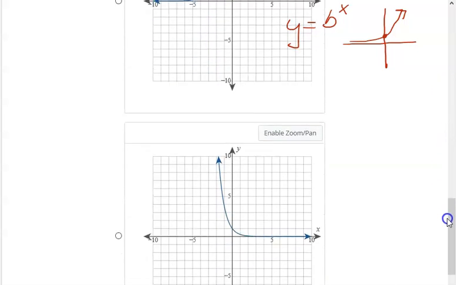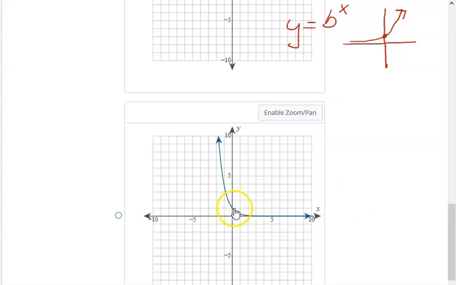That's not going through 1. Now, this is going through 1, but we said to get this kind of graph, and this is a review, we said it was y, our base had to be a fraction, like 1/2.